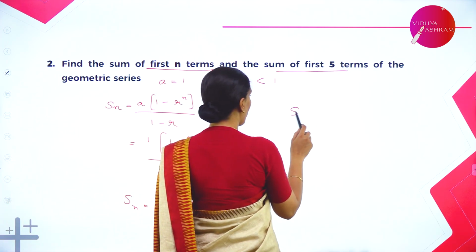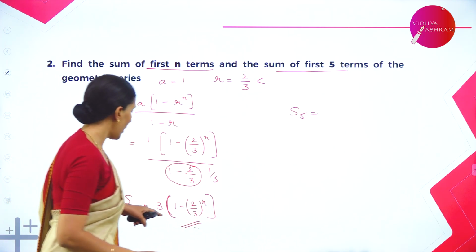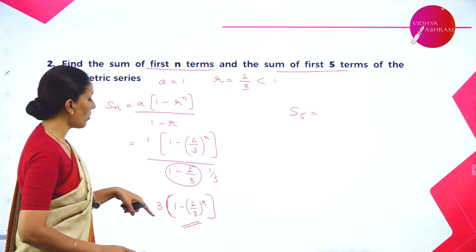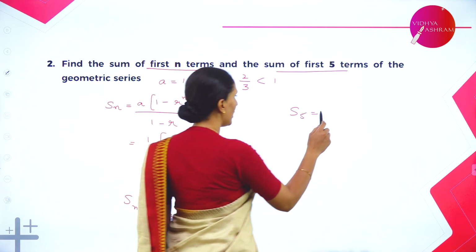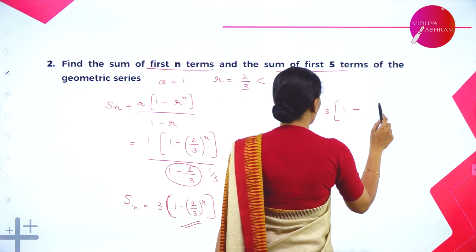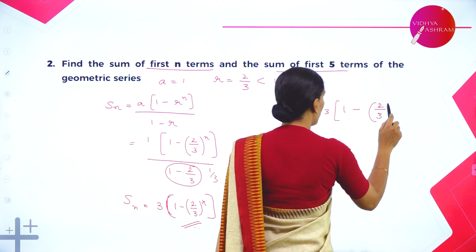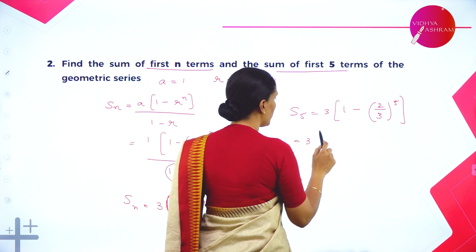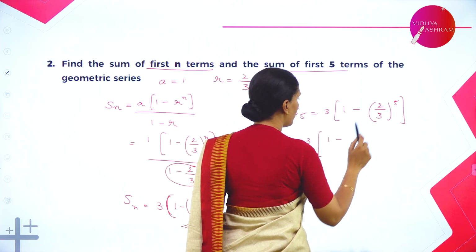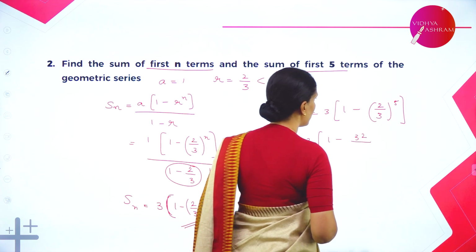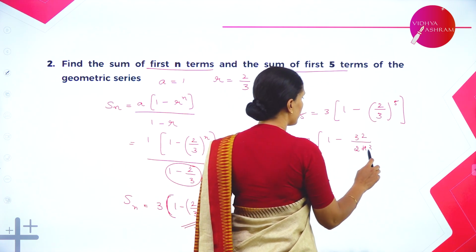So therefore S5 is equal to, so I have already got the general formula of sum of series for the given example. So I will take the same formula here, 3 into 1 minus 2 by 3 whole to the power 5. So which is 3 into 1 minus 2 power 5 is 32, 3 power 5 is 243.